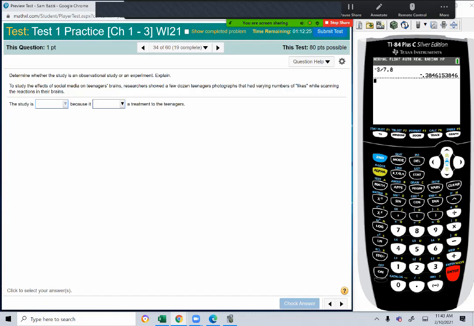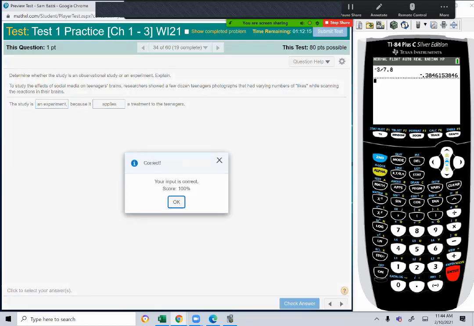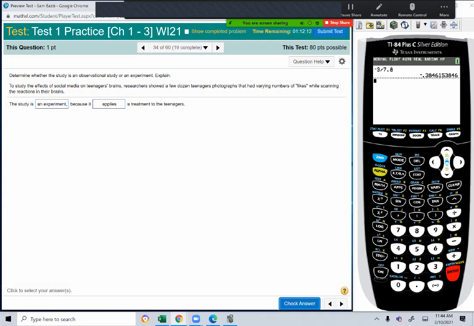It is an experiment because it applies a treatment. They show them photographs, so when they do an action to trigger a different reaction, it is an experiment.